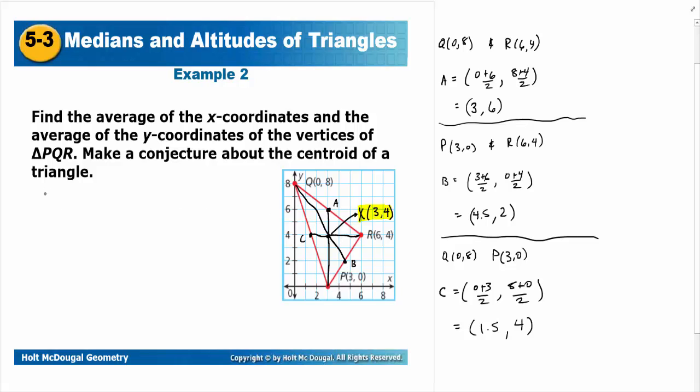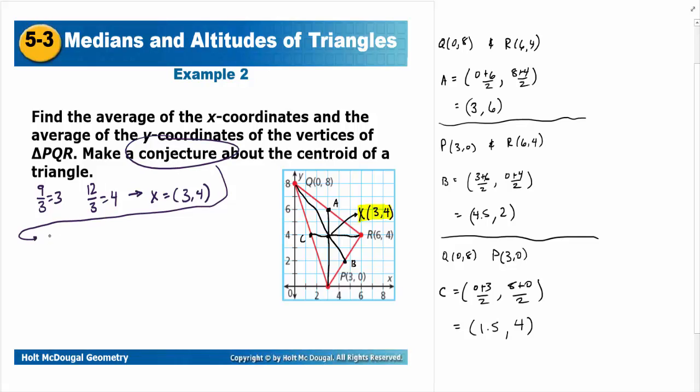So 9 divided by 3 is 3, which is this point. And if you see if that works here, I got 0 plus 4 plus 8, so that's 12. So I have 12 divided by 3 is 4, and that equals x, which is 3, 4.